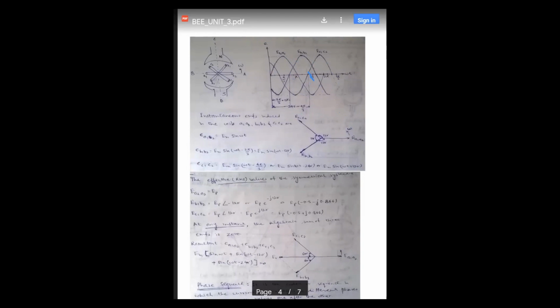Okay, similarly here in the phasor diagram, these are three phasors shown and they are moving in the anti-clockwise direction.